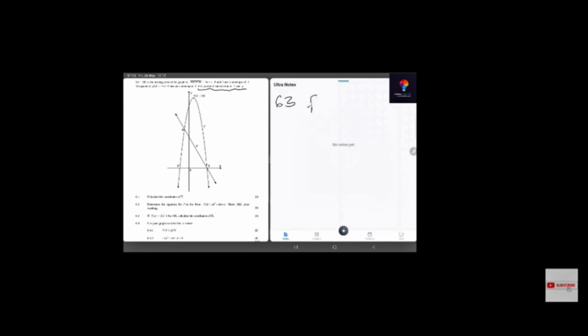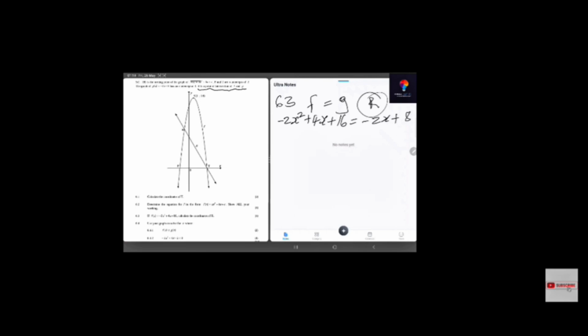Therefore, f is going to be equal to g at R. So we should put it like that: minus 2x squared plus 4x plus 16 is going to be equal to minus 2x plus 8.